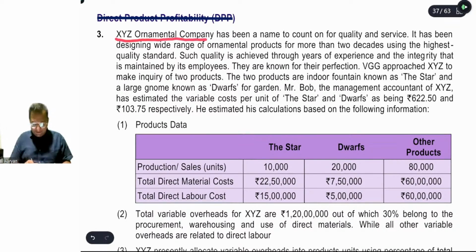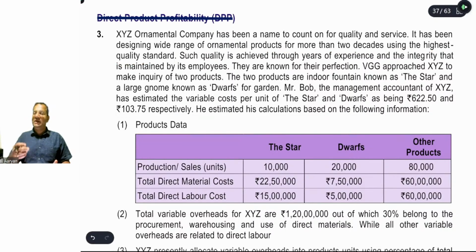XYZ Ornamental Company has been a name to count on for quality and service. So the name of the client is XYZ Ornamental Company. It has been designing a wide range of ornamental products for more than 2 decades using the highest quality standards.